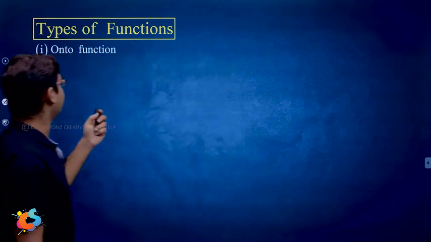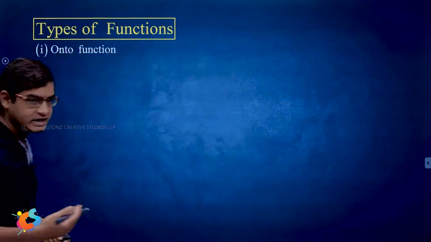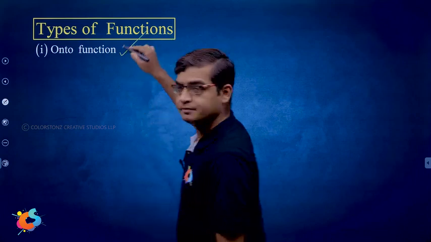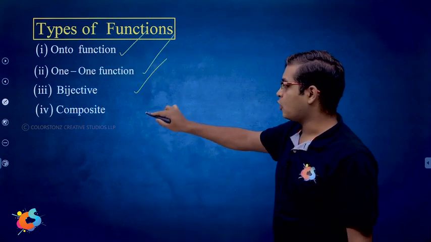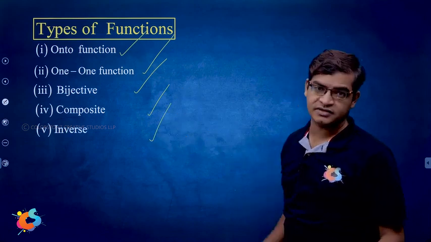Of course, there will be some specific property based on which you will say, if this property is happening, then this will be called this function. If this property is not happening, then you will call it not that type of function. Something like this. The types of functions which you will be studying are onto function, one-one function, bijective function, composite function, and inverse function.